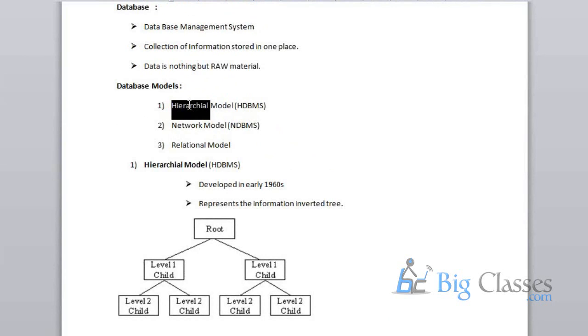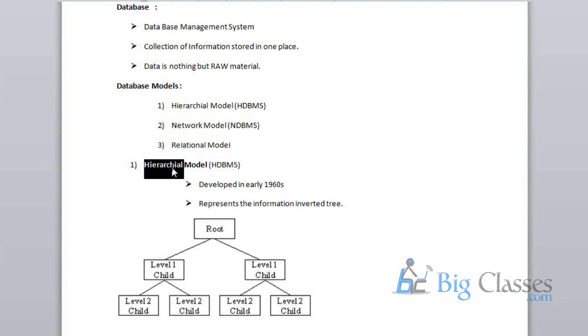Hierarchical model, we call them HDBMS, Hierarchical Database Management System. Likewise, network model, Network Database Management System. Then relational model. We are going to explore this relational model in detail. We will be using this relational model in our entire upcoming sessions.